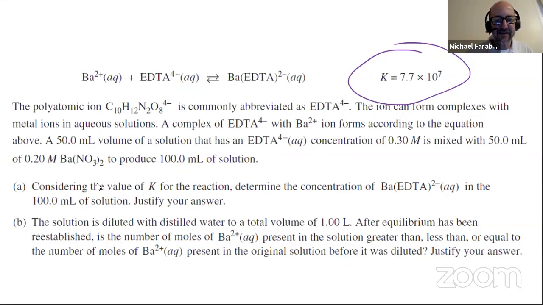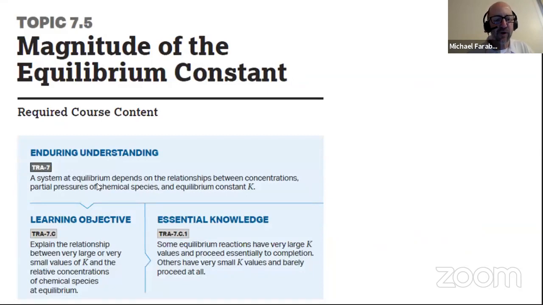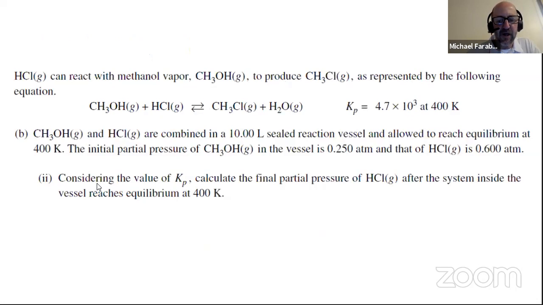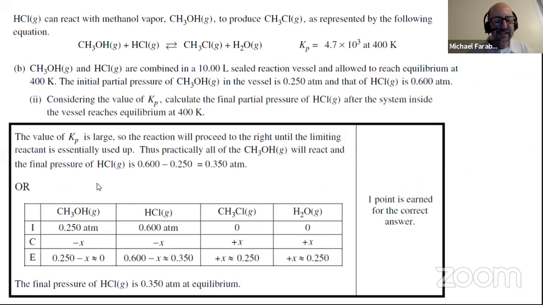And what I had said in referring to topic 7.5 from the AP chemistry curriculum is that some equilibrium reactions have very large values of K, others have very small values of K. But the ones that have large values of K essentially proceed to completion, whereas the very small values of K are essentially reactants and barely proceed at all. So the official scoring guidelines here treat this like a limiting reactant problem.